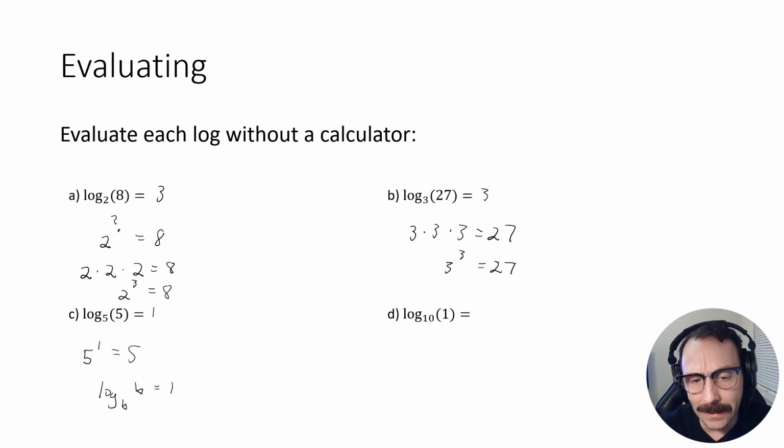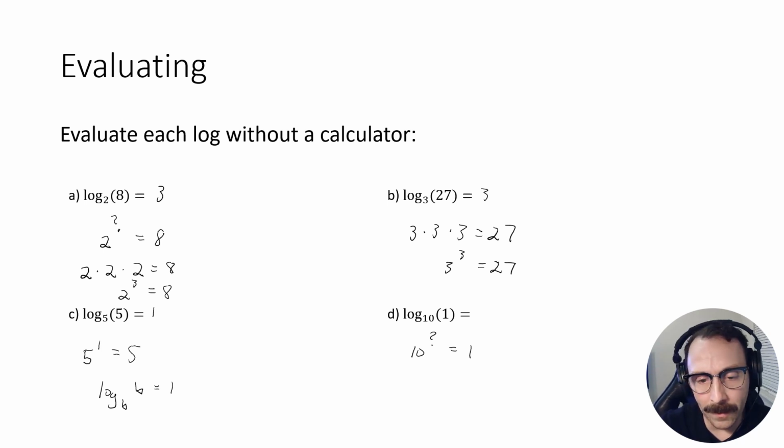All right, so the last one, I think this one's a little bit more of a head scratcher. I'm asking, 10 to what magical power equals 1? Converting the logarithm to an exponential, 10 to what power is equal to 1?